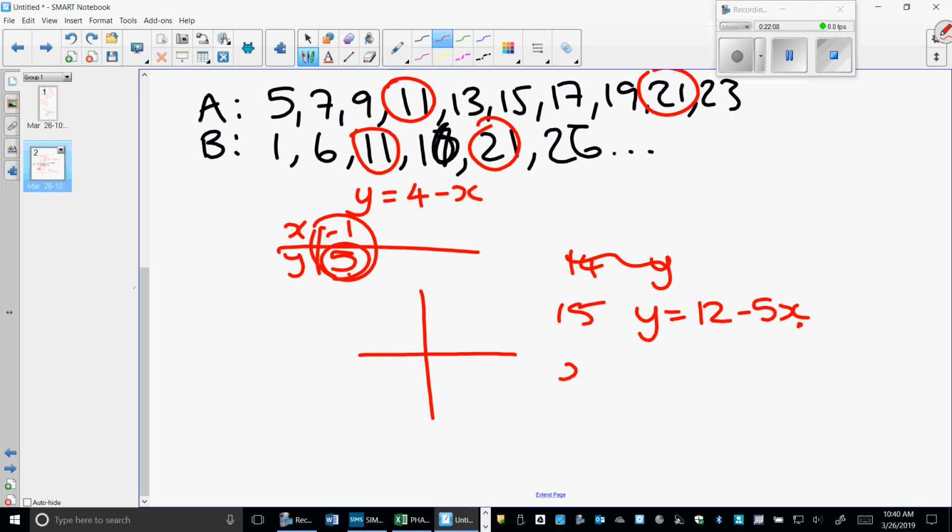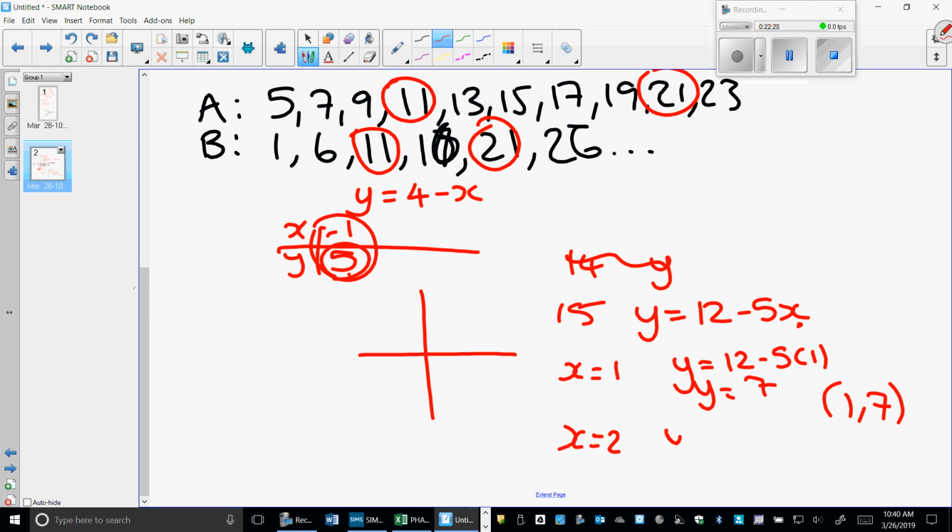If I chose x as 1, y would be 12 take away 5 lots of 1, and so y would be 7. So a coordinate would be 1, 7. That's one coordinate. If I chose x as 2, I would say y equals 12 minus 5 lots of 2, which is 12 minus 10, which is 2. So that would be the coordinate 2, 2.